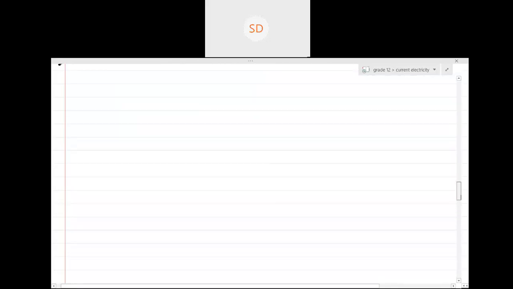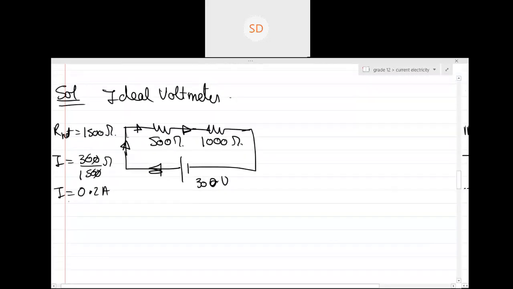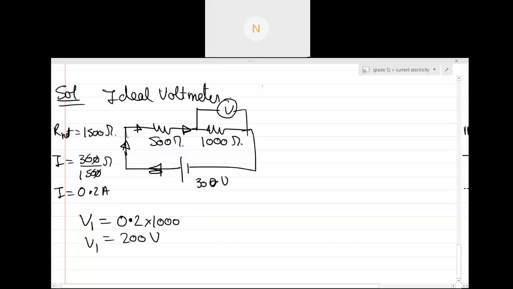And from here, the potential difference. Can you see the voltmeter was connected across 1000 ohm? So the reading in the first case will be 0.2 multiplied by 1000. Basically, 200 volts will be the reading in the ideal case.